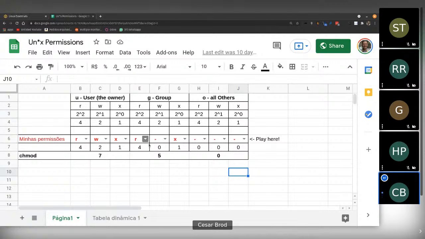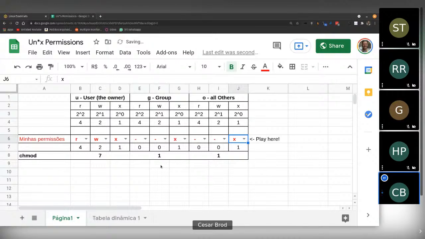The ones in my group, they can only read and execute. And actually I am not going to allow them to read the program. I just want them to be able to execute the program. So you see, as I change the permissions in here, the number in here changes.